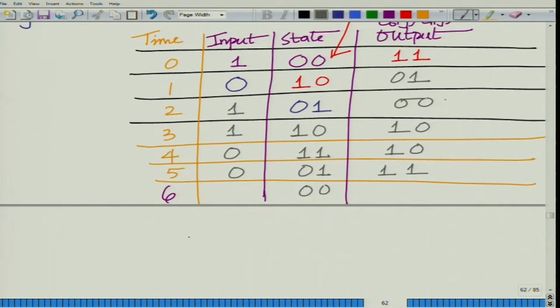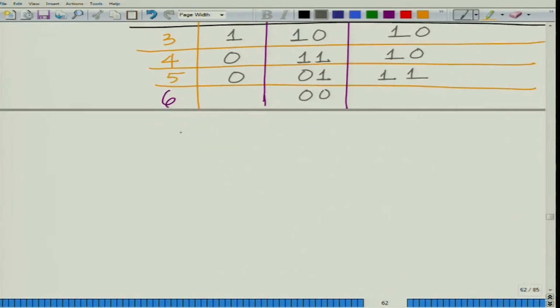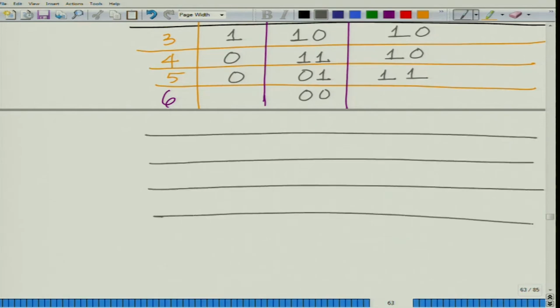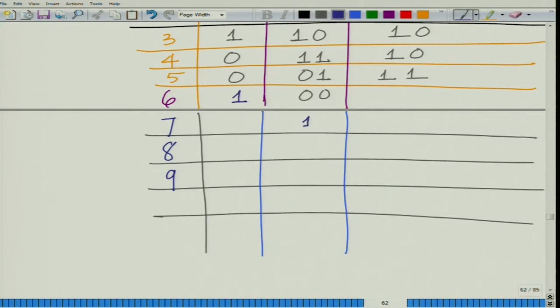Now let me just draw the rest of the table, and I will have time instants 7, 8, 9. So at time instant 6, input bit is 1, next state is 1 0, output is 1 1.